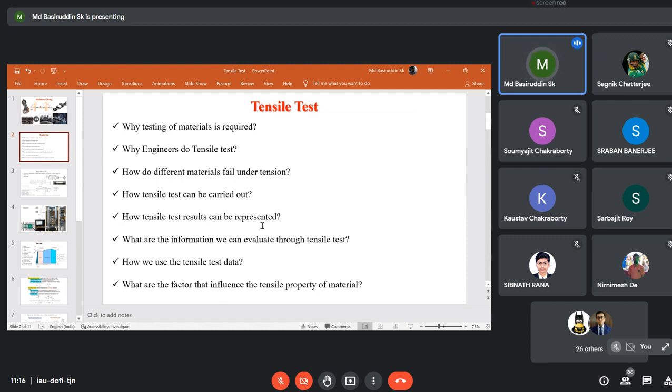Now, if you have done the tensile test and got the fractured specimen, and you investigate the fracture surface, there you also get information like whether the material failed in a brittle fashion, a ductile fashion, or a combination of ductile plus brittle.